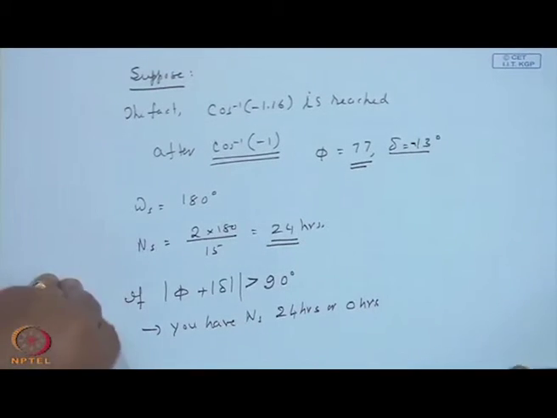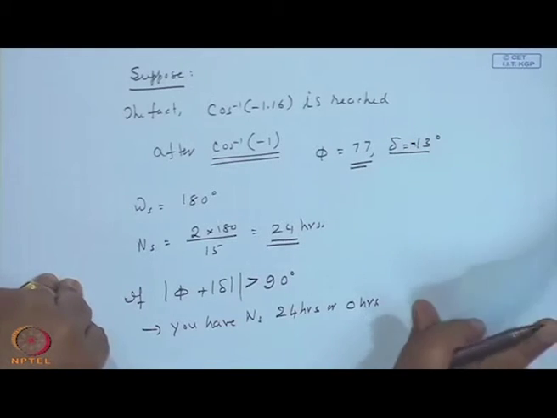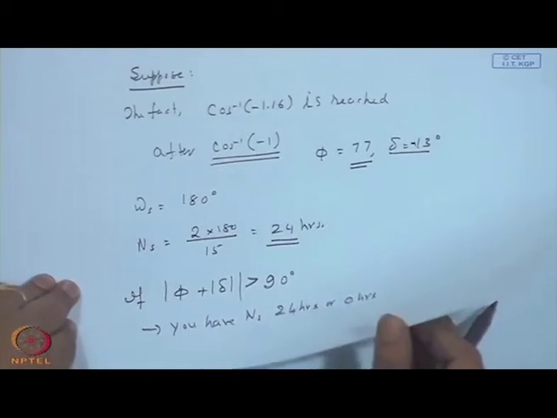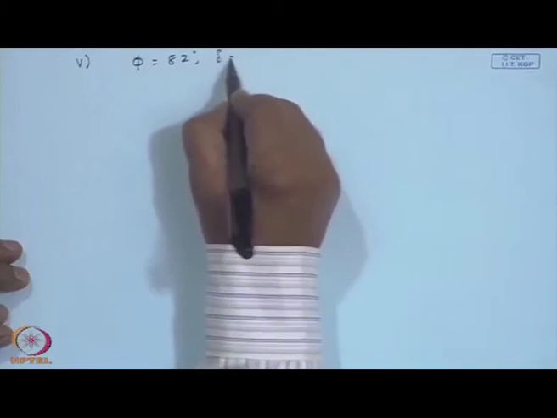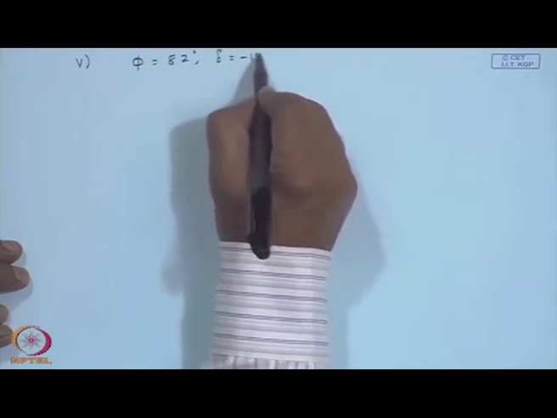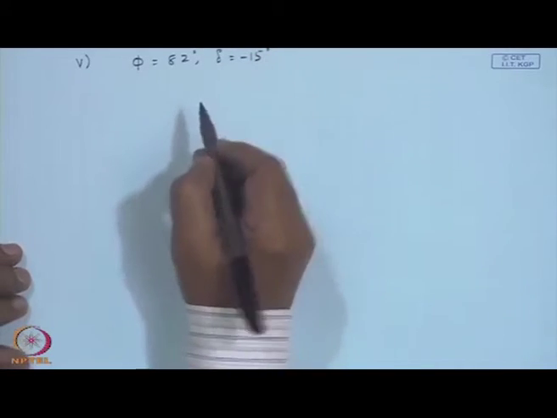So, without solving, you just look at phi plus the magnitude of delta, whether it is more than 90 or less than 90. To illustrate the point, the last one is phi 82 degrees. I made sure that it is definitely a large number, and minus 15 degrees.